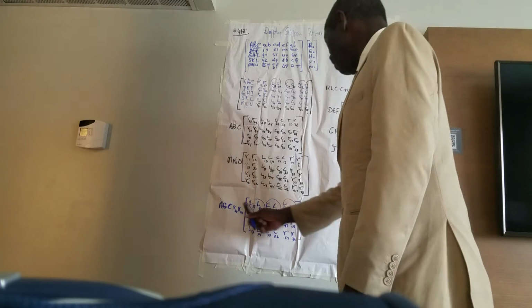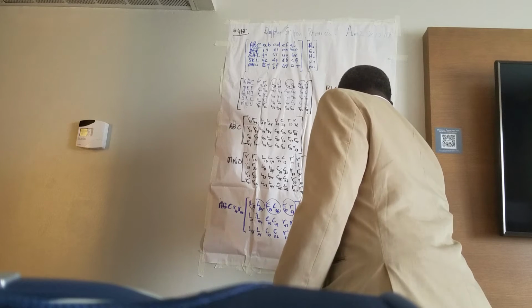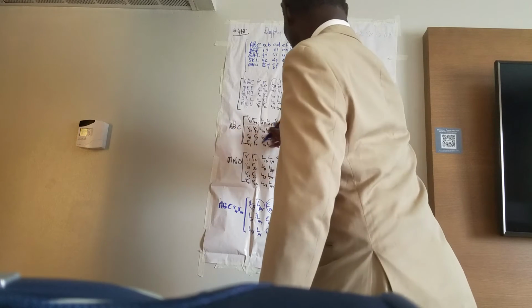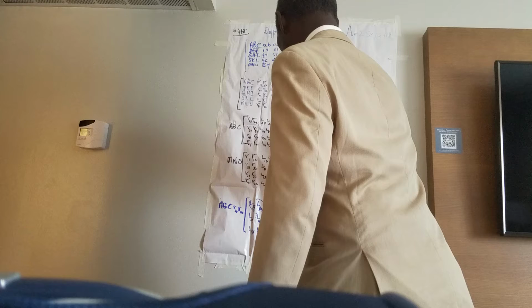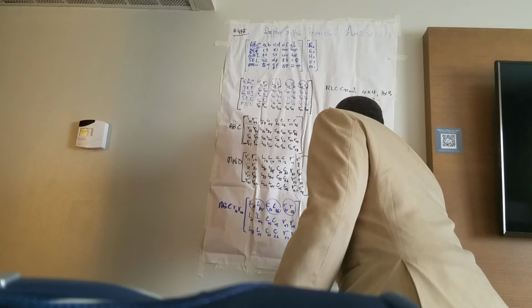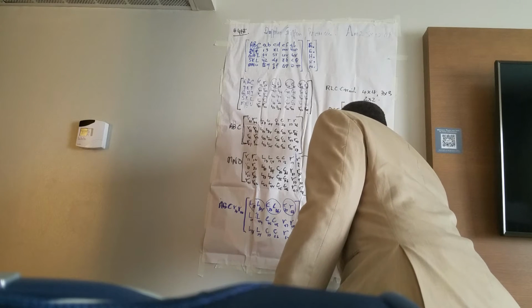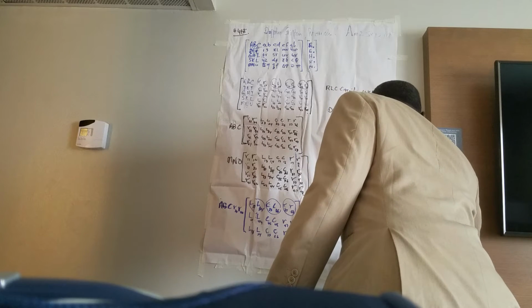So let's do the last. We have now ABC. The last would be R27, R28, and there we have our 3x3 paired again.